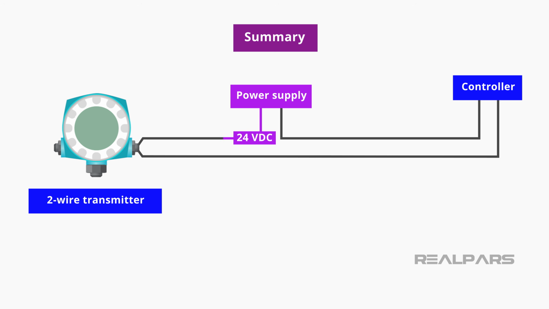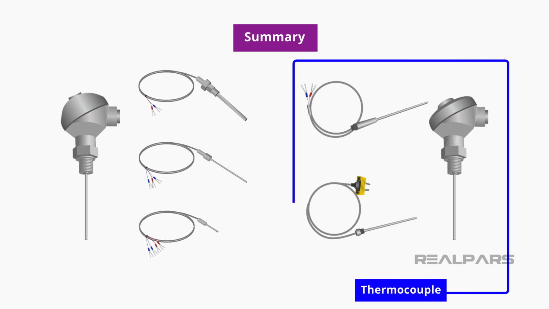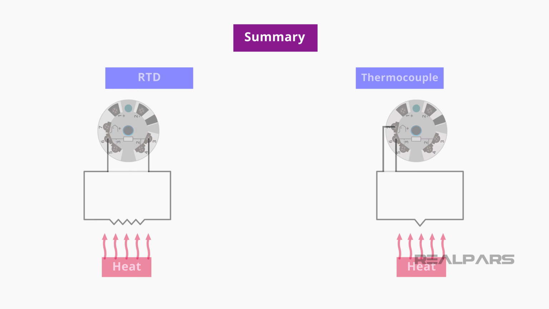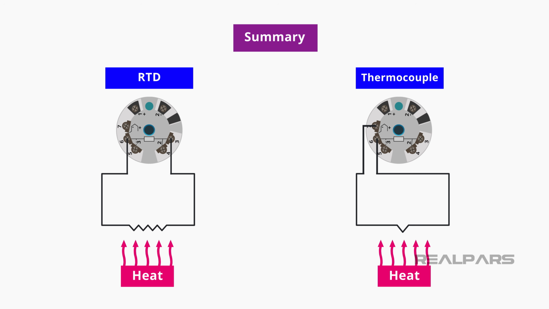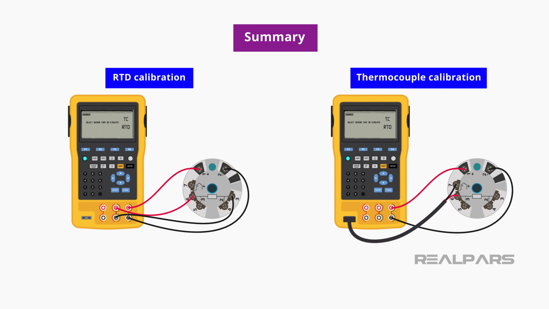Most temperature transmitters are two-wire types, having only 2 wires. The two most common temperature sensors used in process control are the thermocouple and the resistance temperature detector, or RTD. Many temperature transmitters are capable of working with either an RTD or a thermocouple. Signal reference calibrators can output a variety of electrical signals that can simulate RTDs and thermocouples, making it much easier to perform calibration.